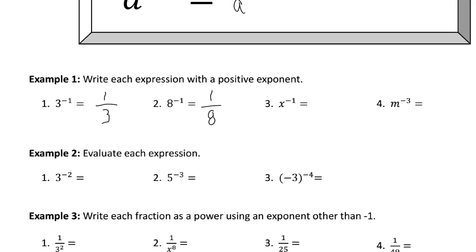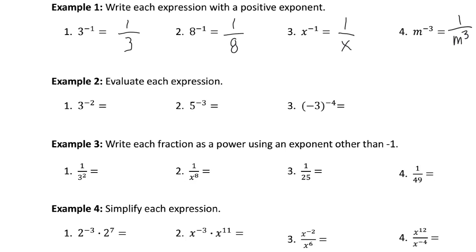And x to the negative 1 is 1 over x. What do you think 4 is? m to the negative 3. Well, it'd be 1 over m to the 3rd then. Okay? So anytime we have a negative exponent, it gets bumped down and becomes a fraction.